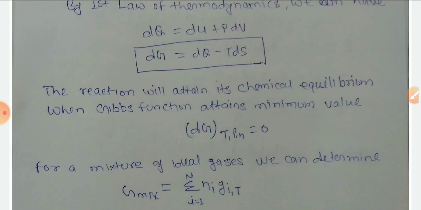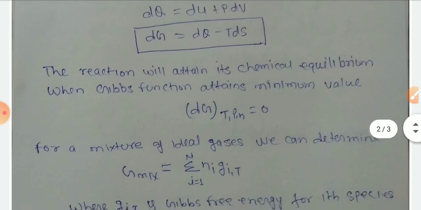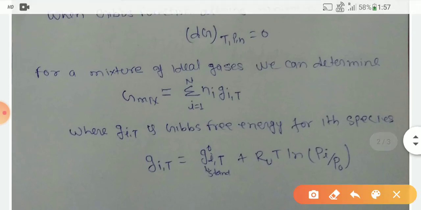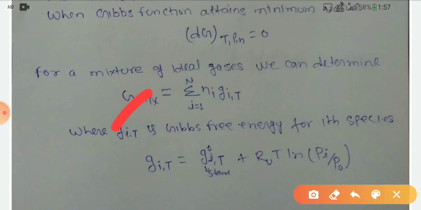For a mixture of ideal gases, we can determine G max equal to the summation of Ni Gi at constant temperature, where i equals 1 up to N, and Gi is the Gibbs free energy of the species at constant temperature.